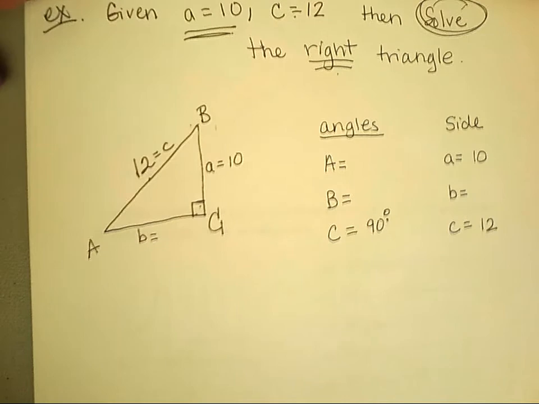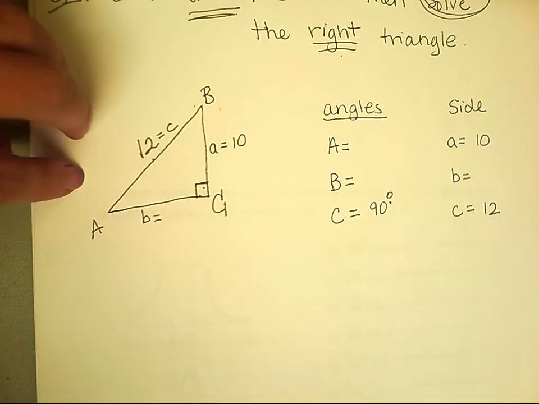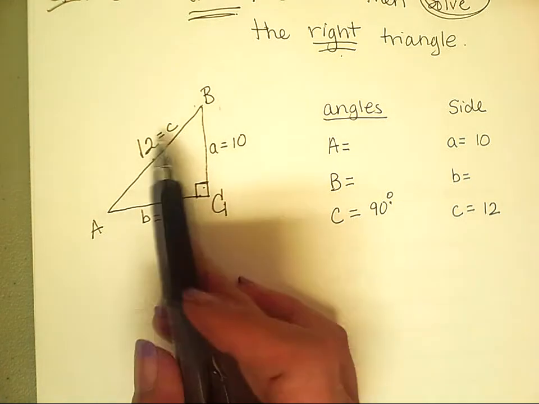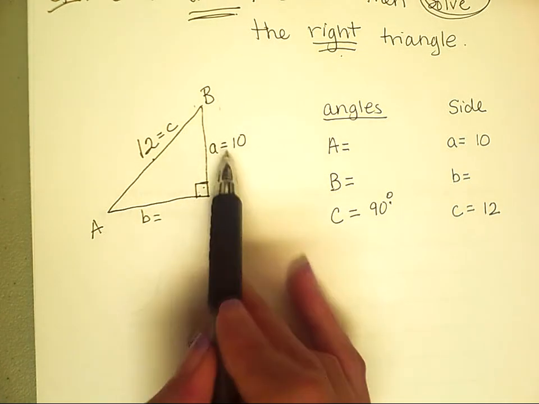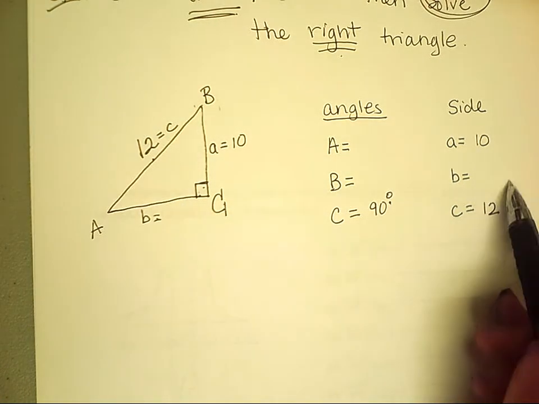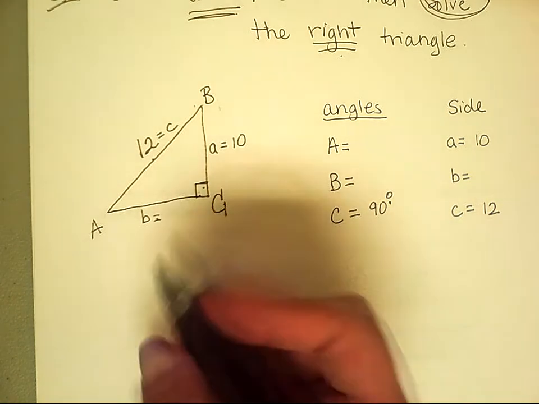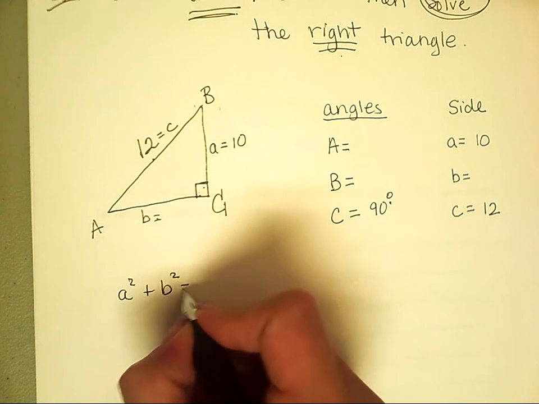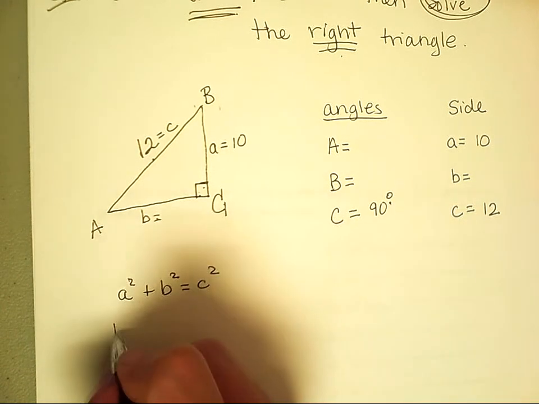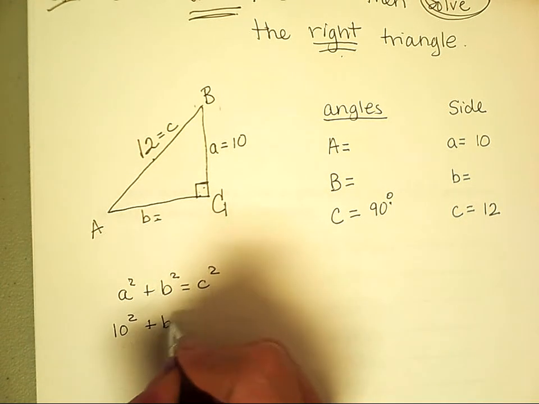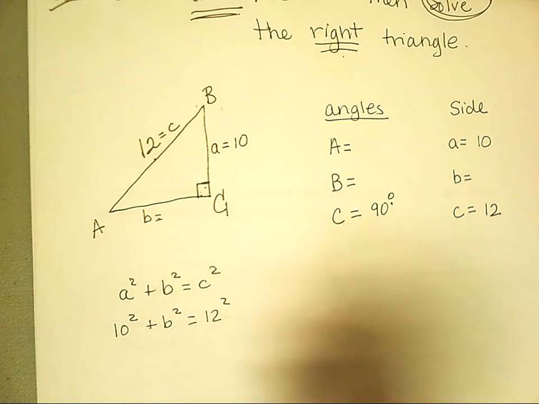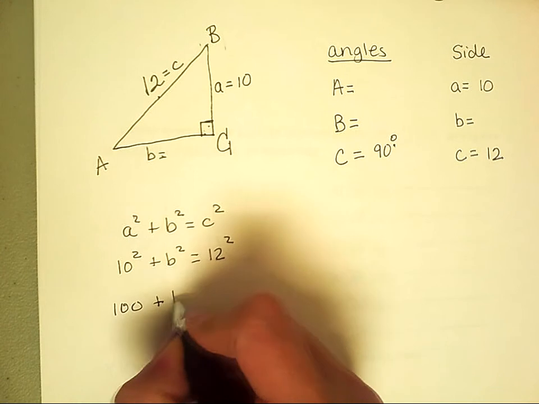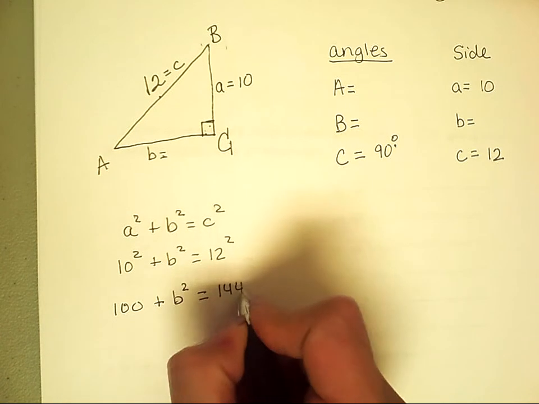So let's see if we can find the other angles. Okay. Well, what do we know? I have a right triangle and I know two sides, so I could find b very easily by the Pythagorean theorem. I know that a squared plus b squared must equal c squared, or that 10 squared plus b squared is equal to 12 squared, or that 100 plus b squared is equal to 144.